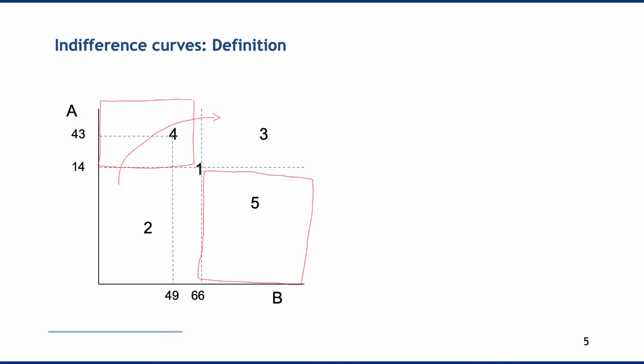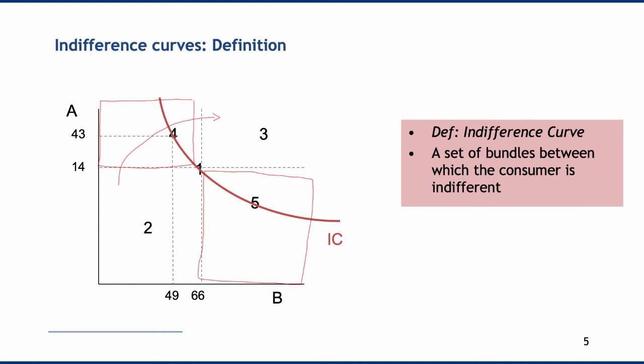So what we have now is 3 points, point 1, point 4 and point 5, which the consumer is equally happy with, and if we join these points up, then we create an indifference curve. Our definition of an indifference curve, therefore, is a set of bundles for which the consumer is indifferent. Every single point on an indifference curve shows some combination of A and B that the consumer is indifferent between.